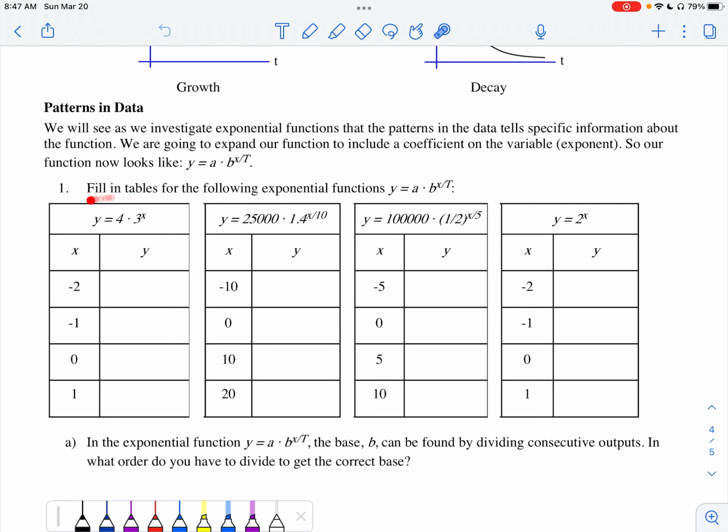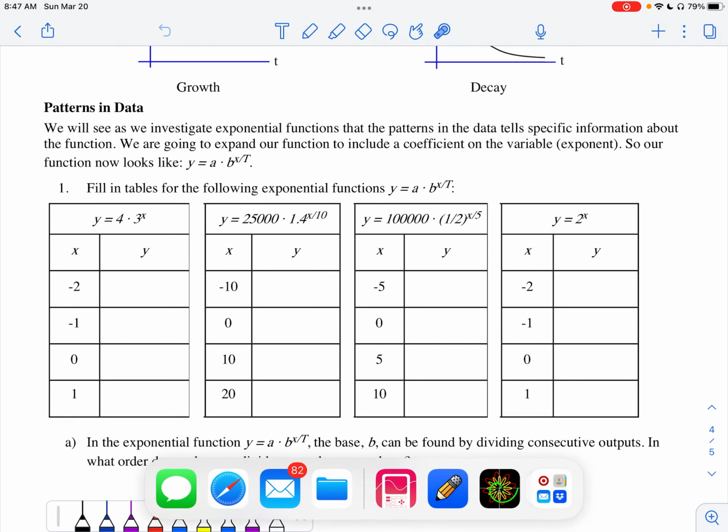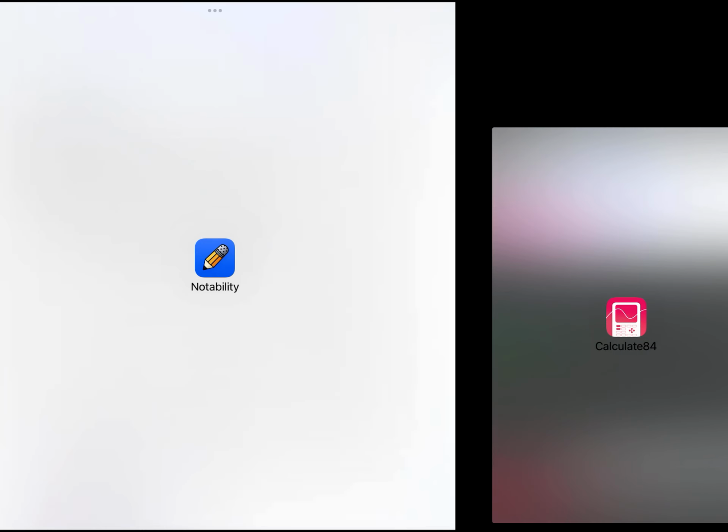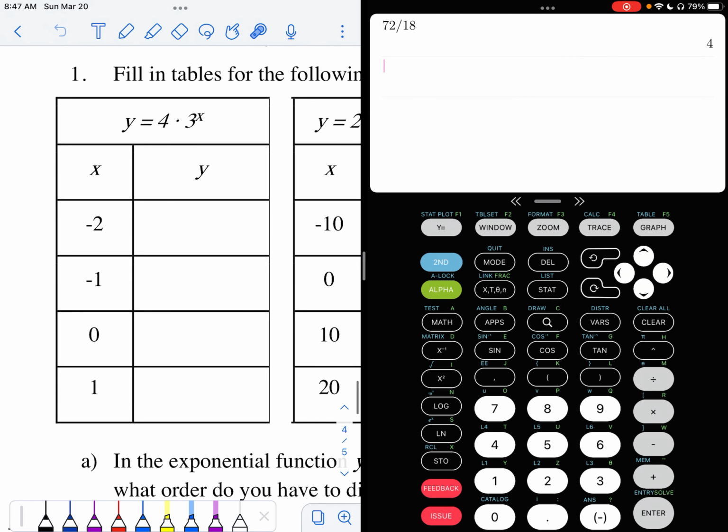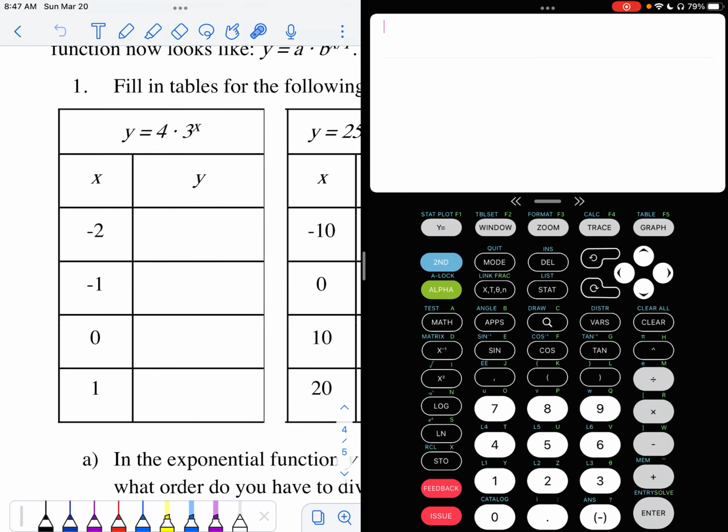We're given a few different equations, and we're going to fill in the table with these equations. So I'm going to go ahead and pull up my calculator. Let's start with our first one over here. So y is equal to 4 times 3 to the power of x.